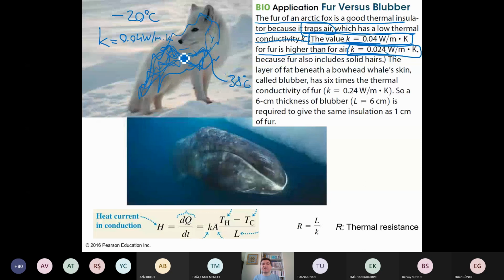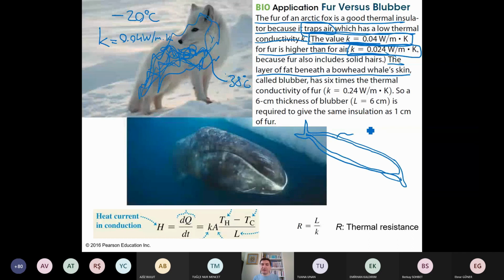So due to the fur, there is good thermal insulation. And look at the whale here, the layer of fat beneath a bowhead whale's skin. So there is fat. So this is the body of the whale, let's say. And just beneath the skin, there is an insulating layer, this one.